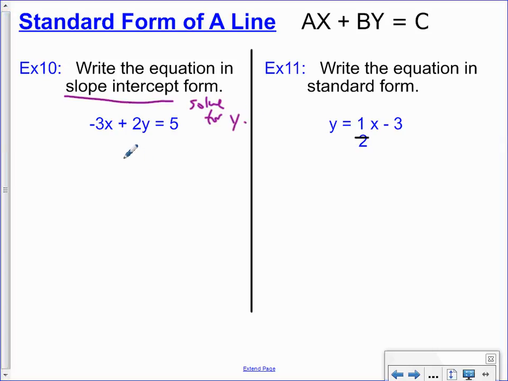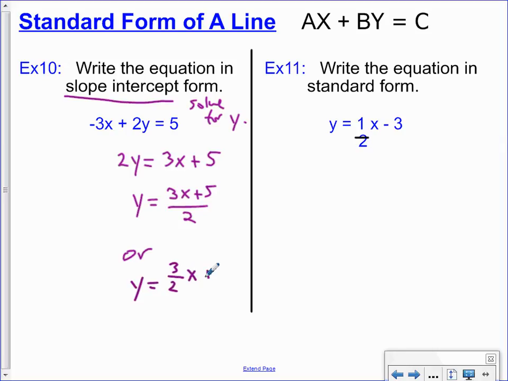Start by moving that -3 so you get 2y equals 3x plus 5. Divide everything by 2. You can have it a couple ways: either 3x plus 5 all divided by 2, or divide the 2 individually into the 3 and the 5. Have you seen this both ways? Yeah? Okay.